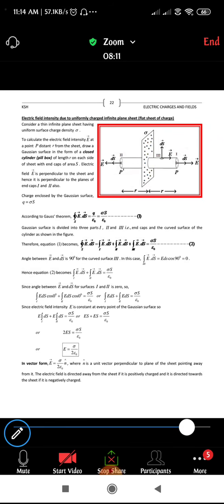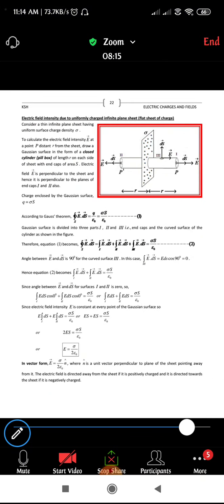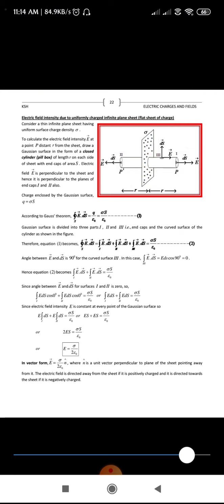This is the final expression we have got: E is equal to sigma divided by 2 epsilon naught. In vector form, we write vector E is equal to sigma divided by 2 epsilon naught times n cap. So this is the expression for electric field intensity due to a uniformly charged infinite plane sheet.